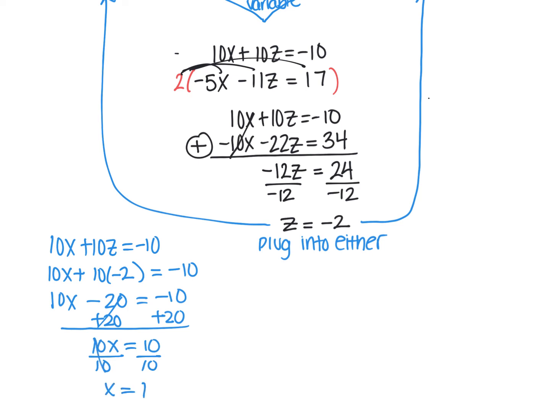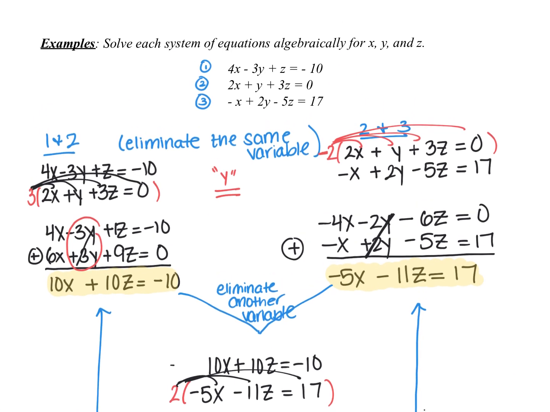So now you have found a z value and an x value, and the only way to find the y value is to go to the very, very top. So the last and final step is to plug x and z into one of the originals. It doesn't matter which original you choose. So let's go back up to the top and see which one's the best.